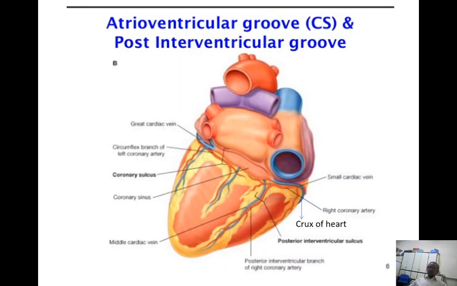This is the left side, the atrioventricular groove between the left atrium and left ventricle, and this is the posterior side. Again, part of the left atrium and right atrium, and of course the left ventricle. In the posterior part we have the coronary sinus, the right coronary artery, and the small cardiac vein, and in between the left atrium and left ventricle we have the great cardiac vein and the circumflex branch of the left coronary artery.